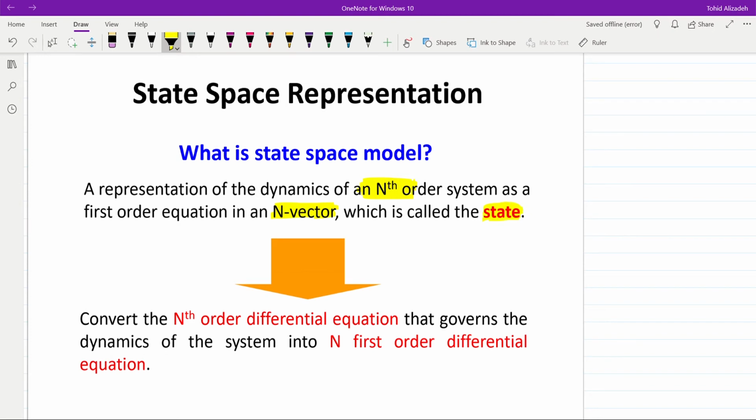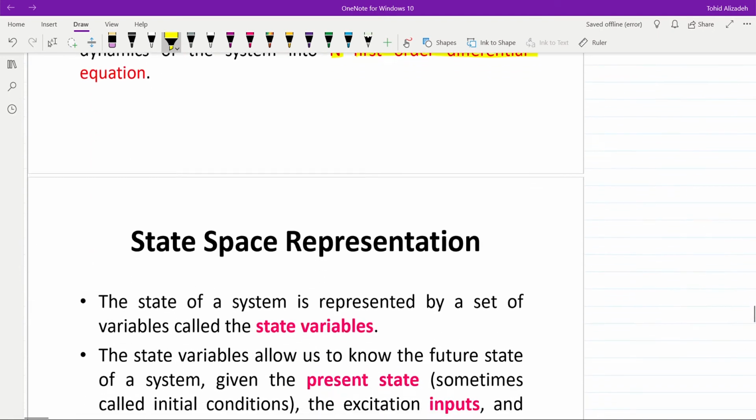So we have a system with n differential equations, and then we can convert it into a single equation in the form of an n vector, and that vector is called the state vector. So we need to convert the nth order differential equation, which governs the dynamics of the system, into n first order differential equations, and then we put it in the vector form to obtain a single equation.